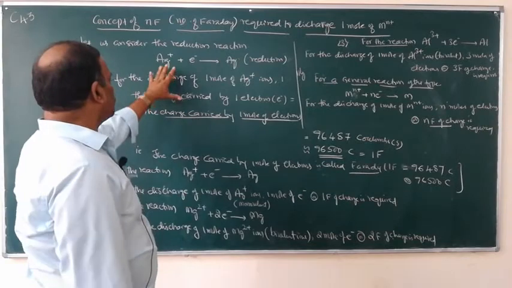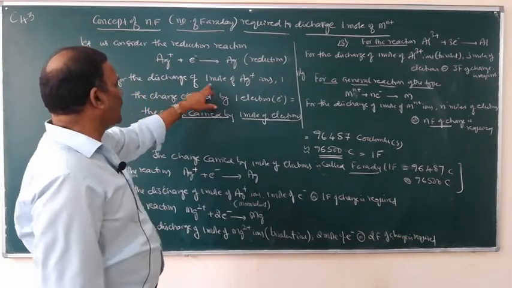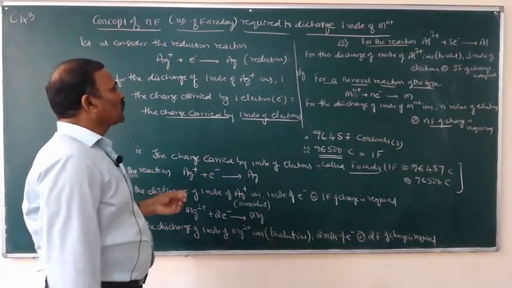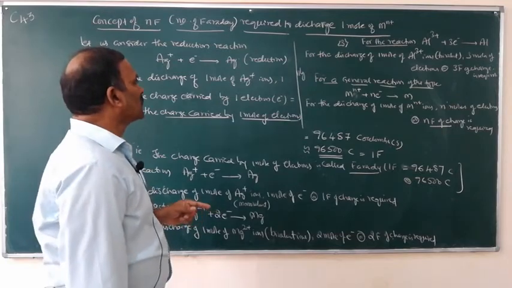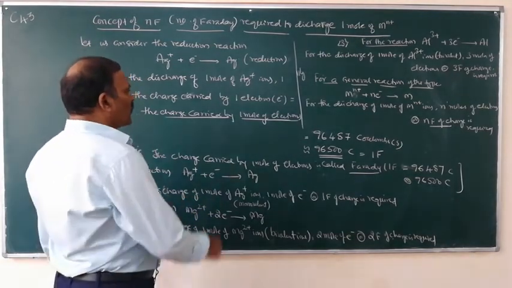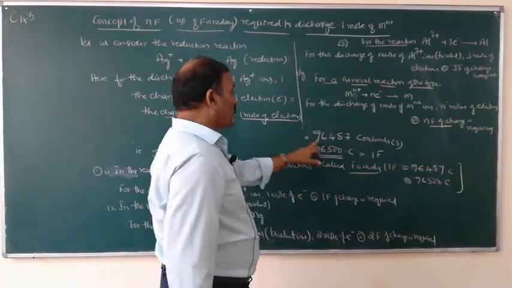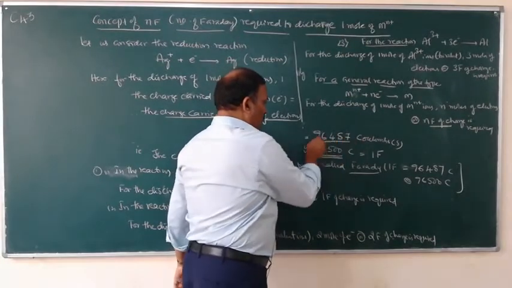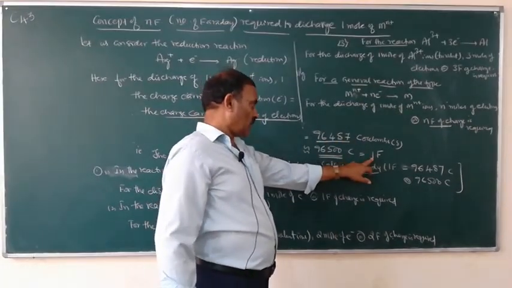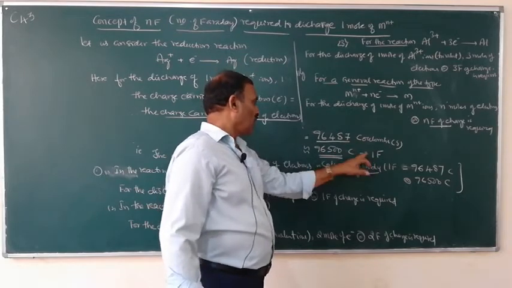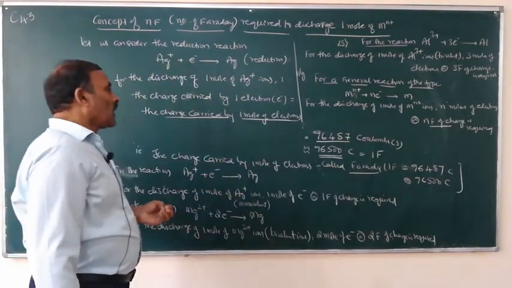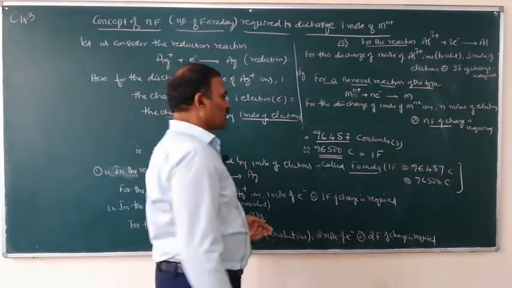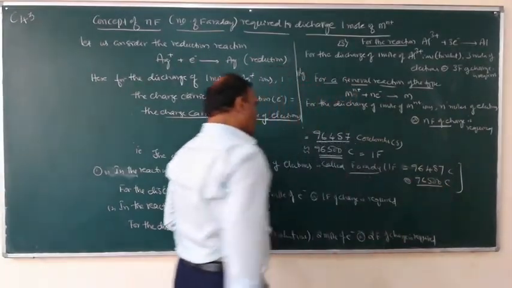So the charge carried by 1 electron equals 1.6021 into 10 to the power minus 19 coulombs. The charge carried by 1 mole of electrons is equal to 96,487 coulombs, and this quantity of charge is called 1 Faraday, approximately 96,500 coulombs.